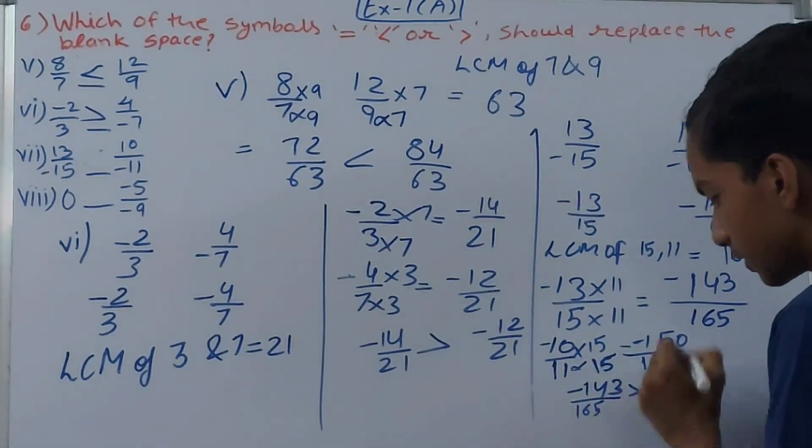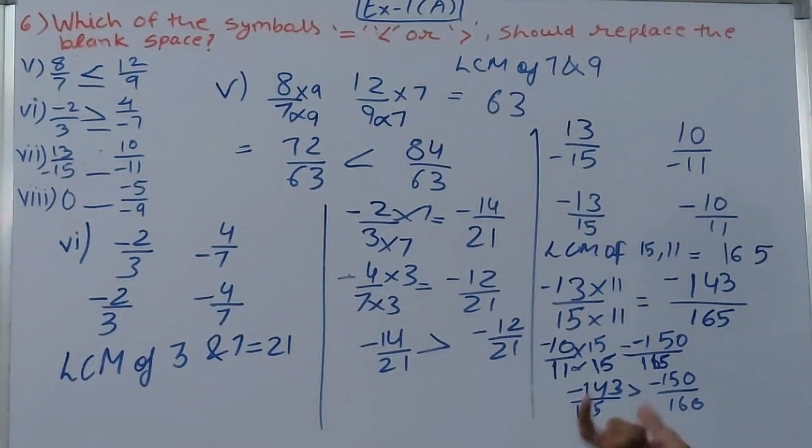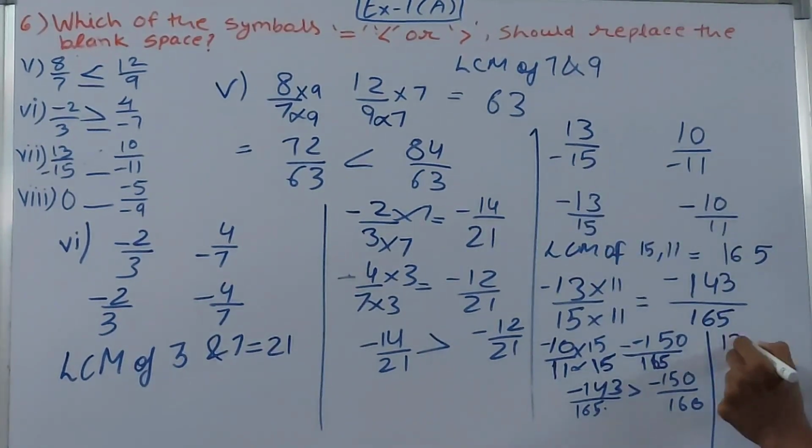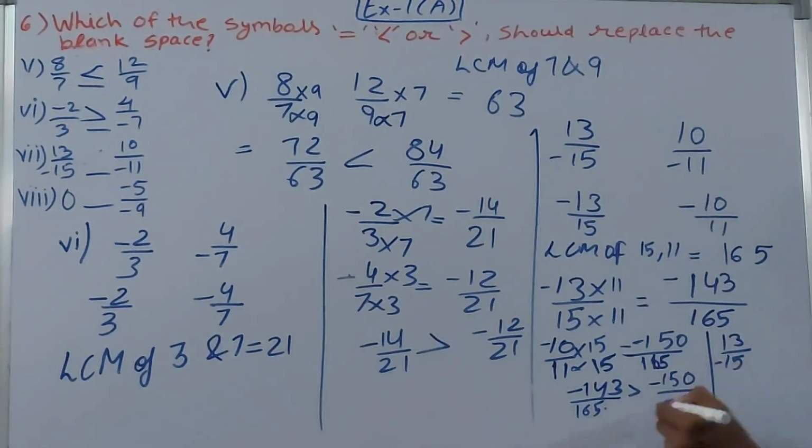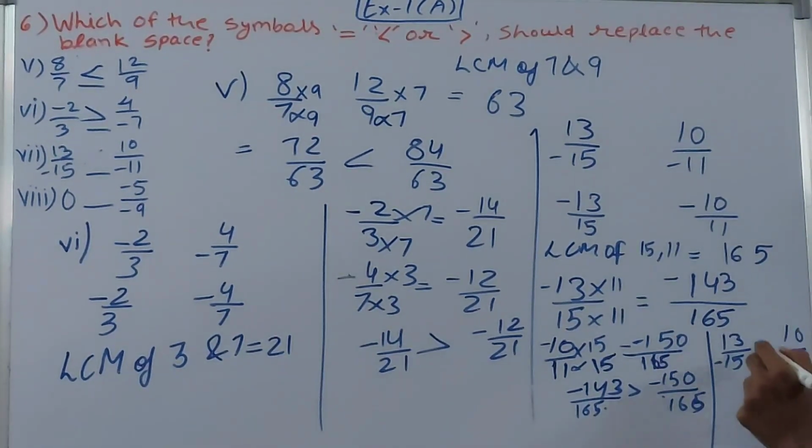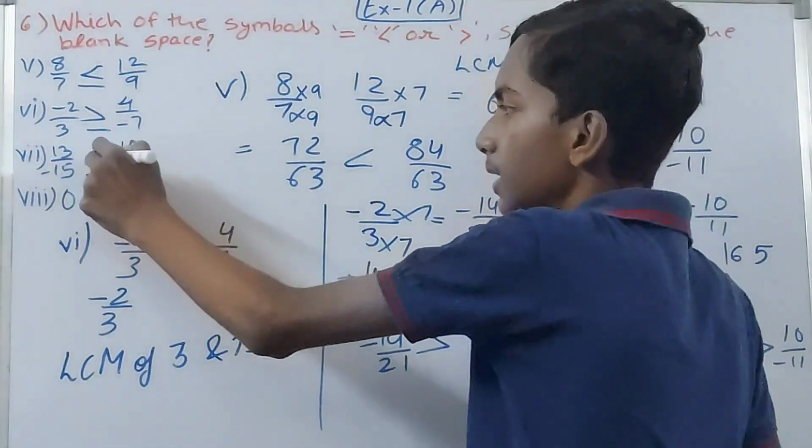Minus 143 is greater, and we have to bring them to their original form also. So minus 143 upon 165 is 13 by minus 15, and minus 150 by 165 is 10 by minus 11. The sign will not change, so we put the sign like this.